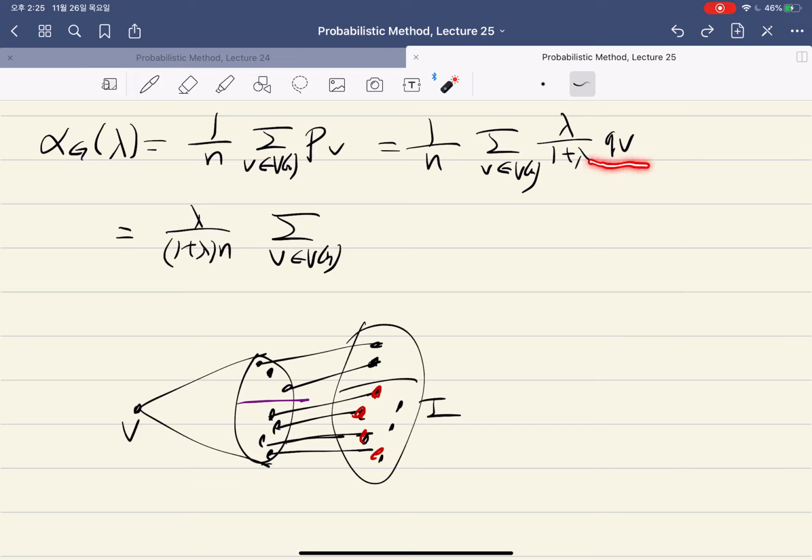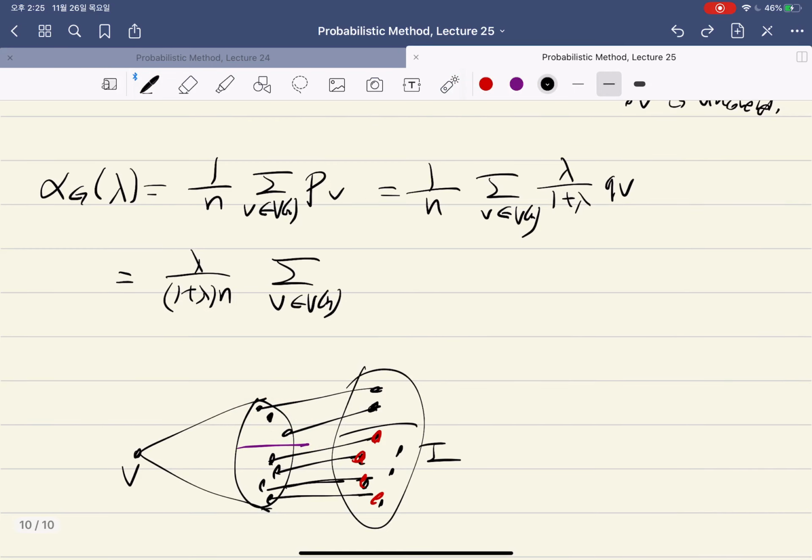So we want to measure the probability that V is uncovered. So we want to measure the probability that none of them is occupied. So what's the probability? Let's say there are j of them, where j is between 0 and d.